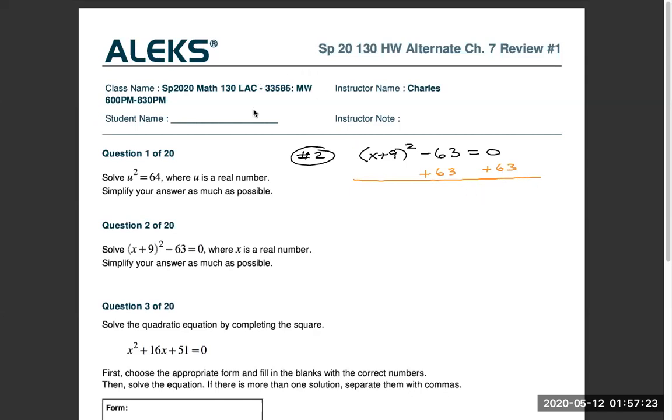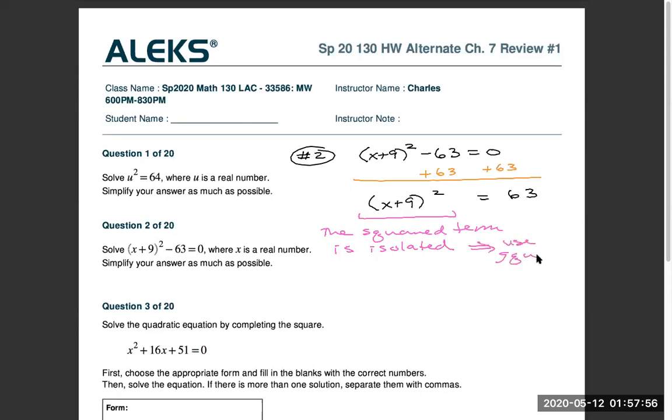And then I have x plus 9, the quantity squared, equals 63. Now from here, notice the squared term is isolated, which is exactly what you want. When your squared term is isolated, use square root property.